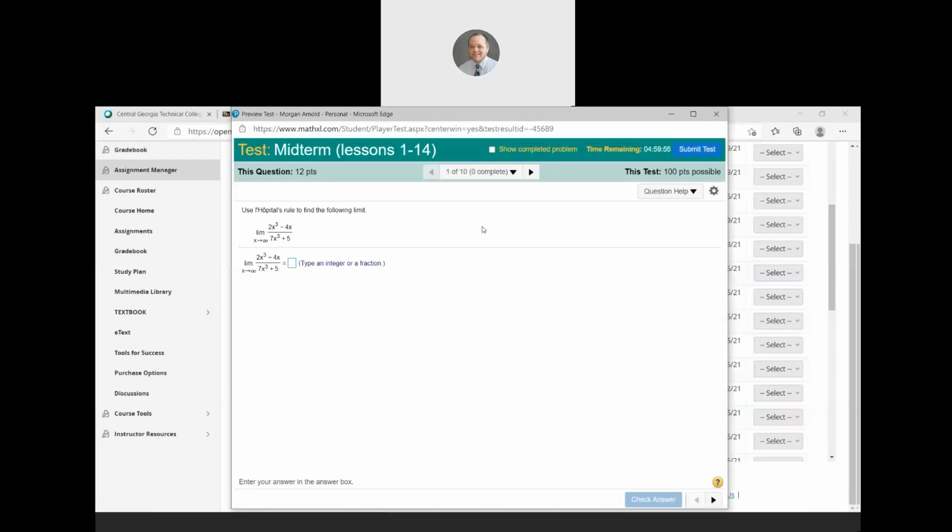And feel free to jot this down if you want. The first question does not have view an example, but it has textbook and also Ask My Instructor. And you will probably not need view an example here anyway because this is a pretty simple question. Question 2 has all three help tools, including view an example.